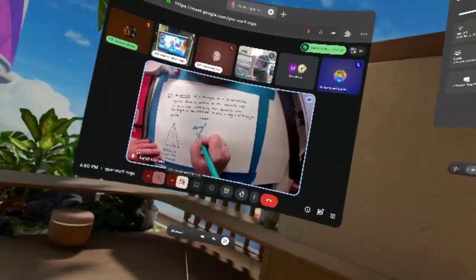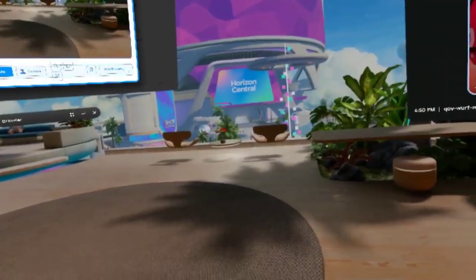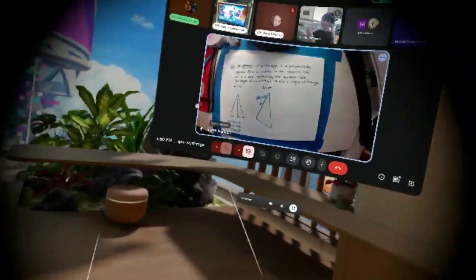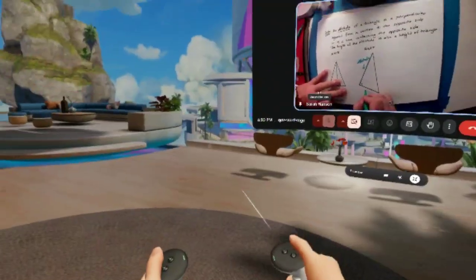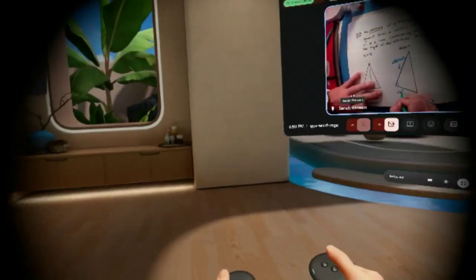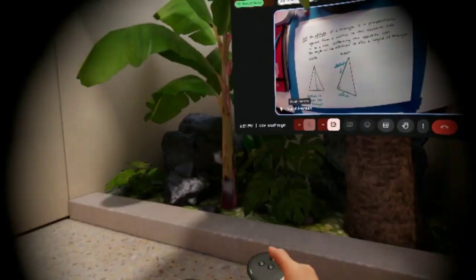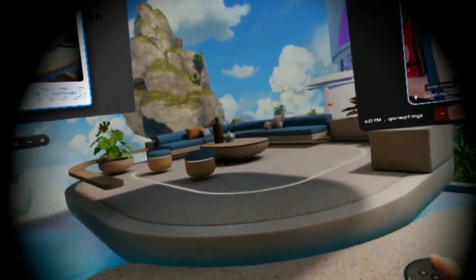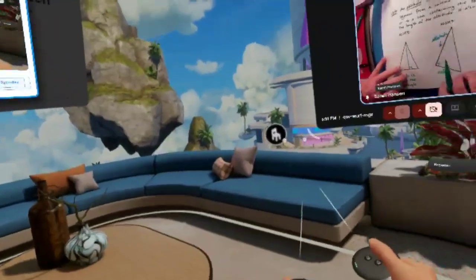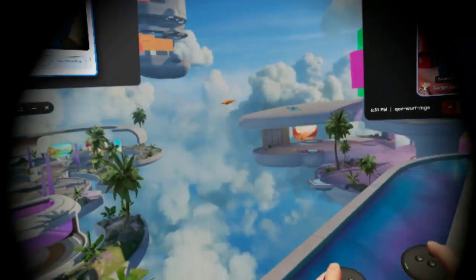So this would be considered an altitude of the triangle, as well as the second side is also an altitude of the triangle. So this means an altitude can be one of the sides of the triangle.